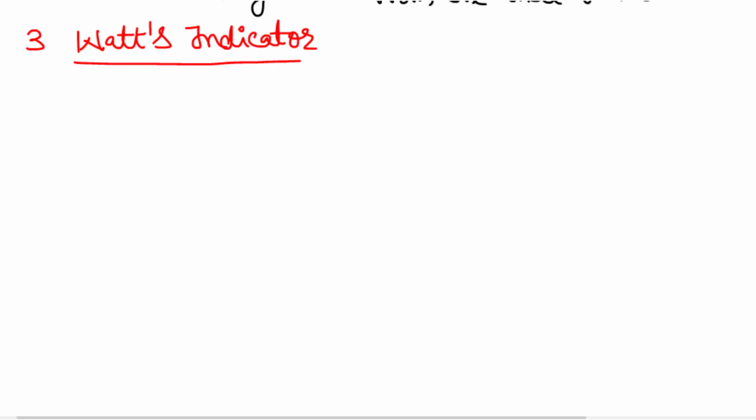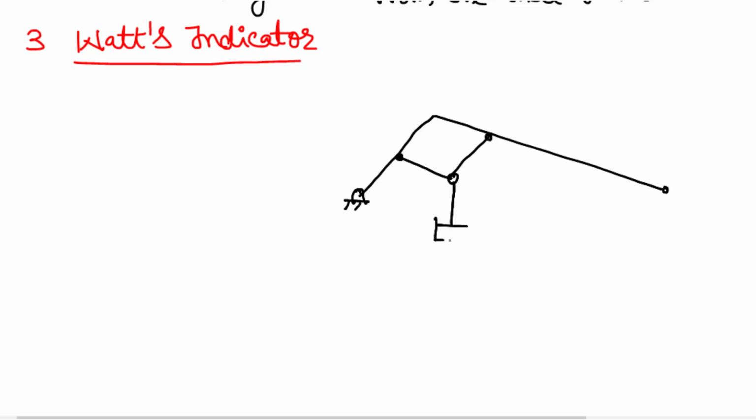The diagram of Watt's indicator. This is the link, this is the pointer, and it is connected to a cylinder. This is the piston.